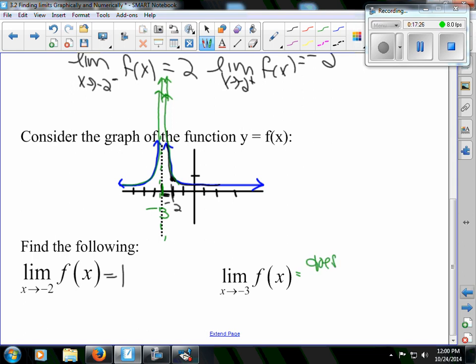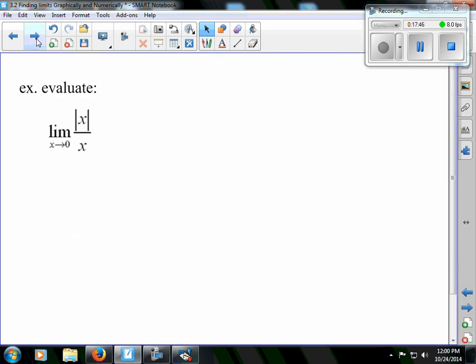So this limit actually does not exist. Later on, we're going to talk way more about these examples, and we'll say that the limit as x approaches negative 3 is infinity. But for right now, you can just say does not exist because there's no one y value that the y values approach.